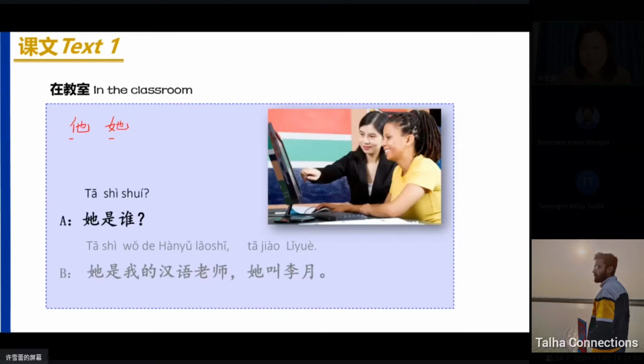Good. 他是谁？很好。And the answer, 他是我的汉语老师。汉语。Now compare the word 汉语 you chose and the one on the screen.